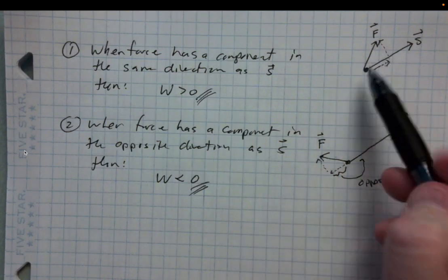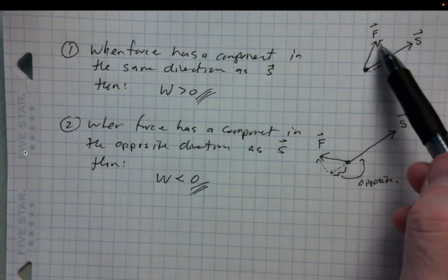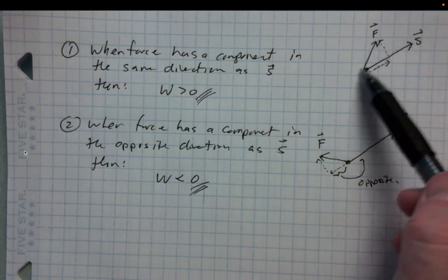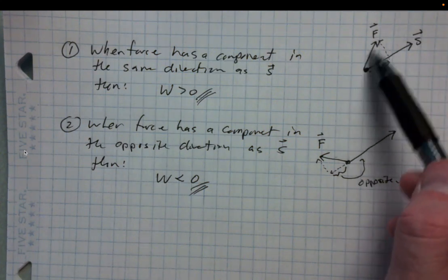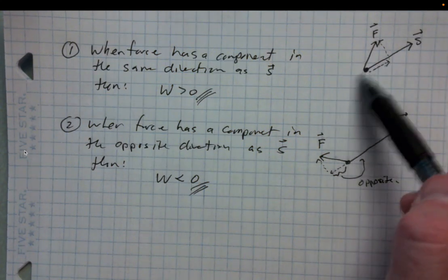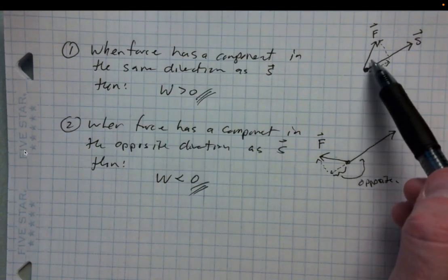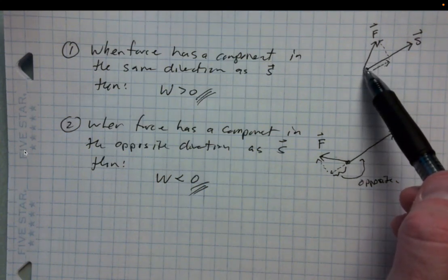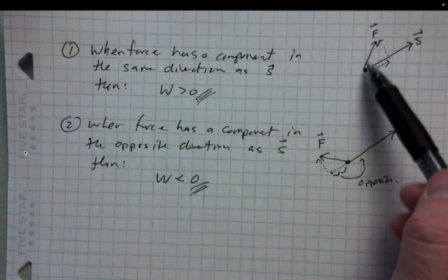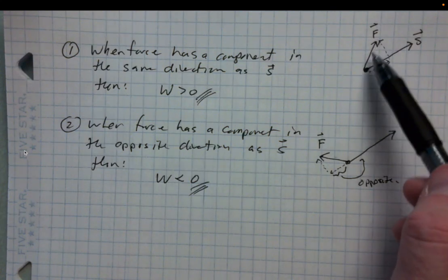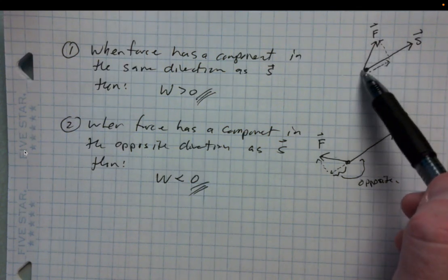Now this one up here, this force vector doesn't have a component opposite S, right? There's no part of this force vector that's pushing in the direction opposite of S. There's a part of it that's pushing in the direction of S, and a part of it that's pushing perpendicular to S in this case. But there's no part of it that's pushing opposite.